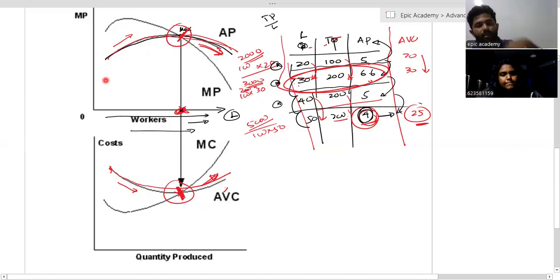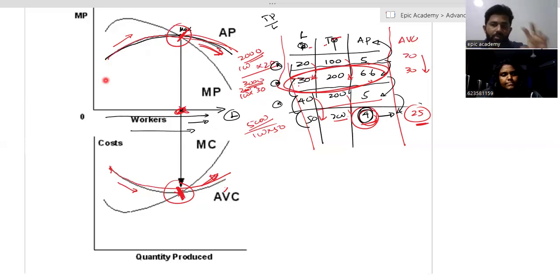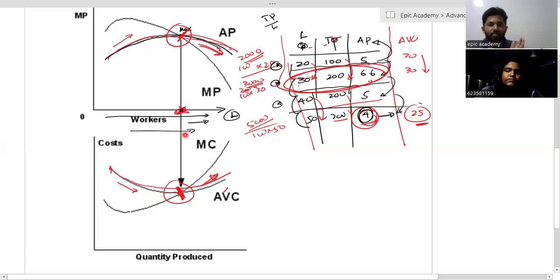Because this marginal product and marginal cost represent the same institute, same production process, same income and expenditure. So that is why it behaves similarly. If you put a mirror in front of this curve, I mean the AP and MP curves, it represents the AVC and MC. That's the relationship. Okay.